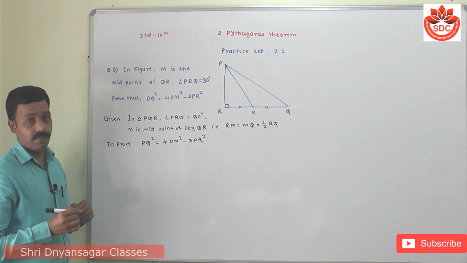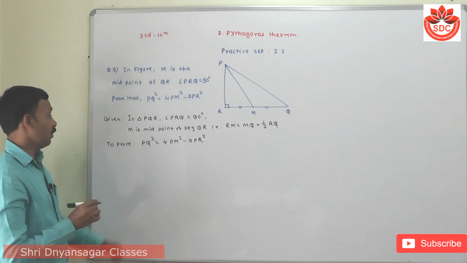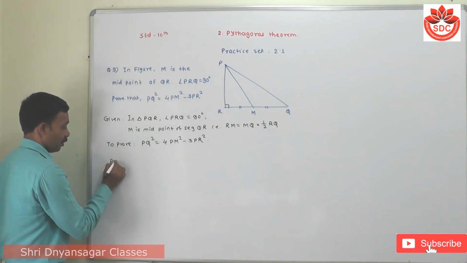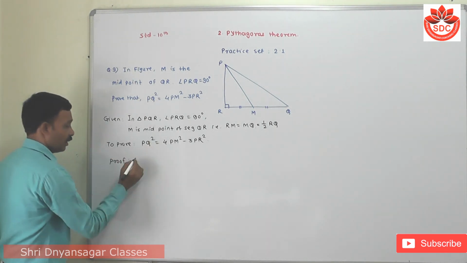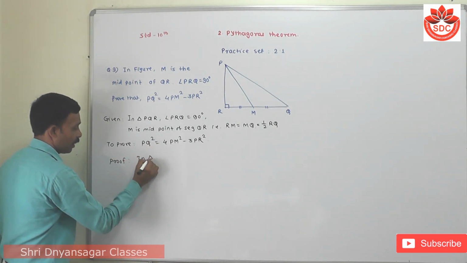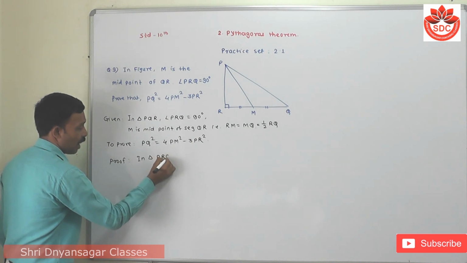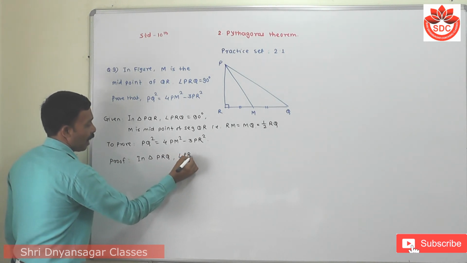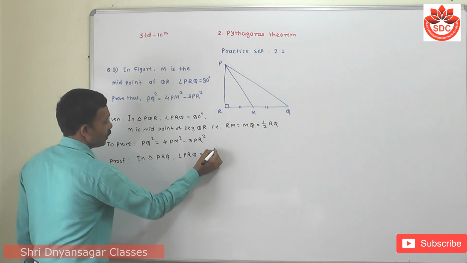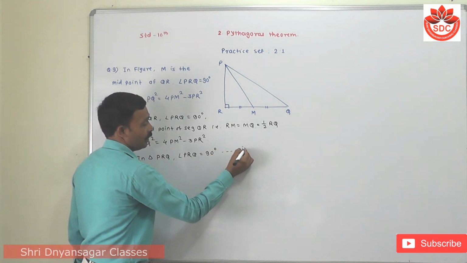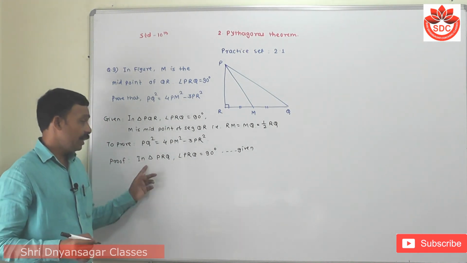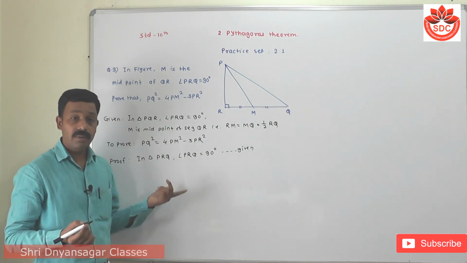Students, very, very important example. So look carefully at its proof. First we take this point in triangle PQR or PRQ, angle PRQ is equal to how much? 90. This is given. Students, if in any triangle one angle is a right angle, we use the Pythagoras theorem.